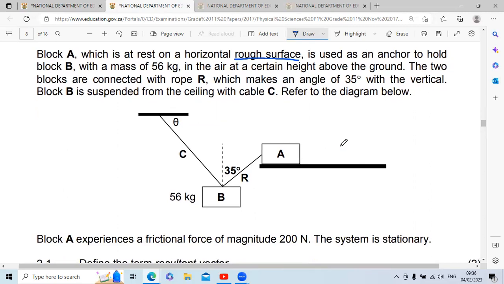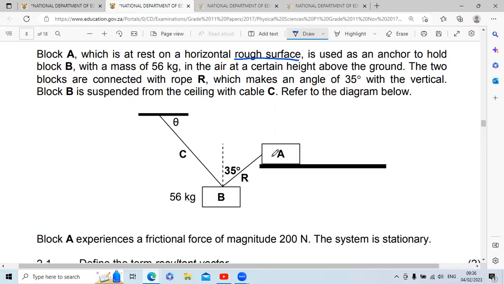So just from the statement we just read, which vectors do you think we're going to deal with in this particular question? Let's say block A and block B are connected.